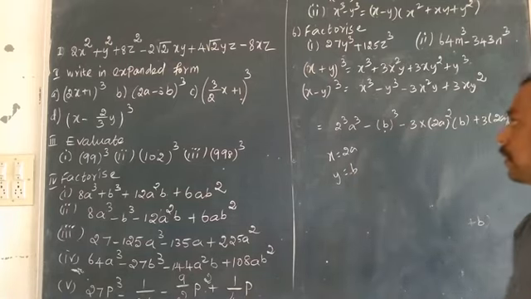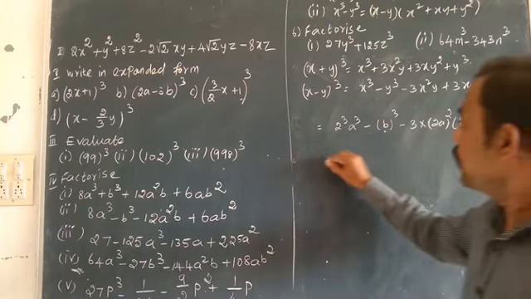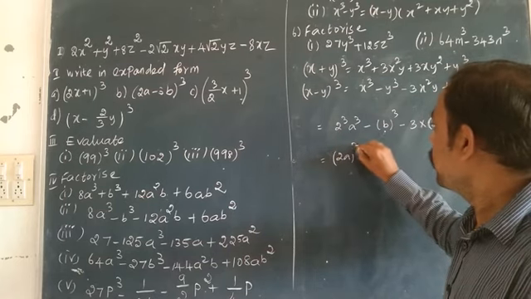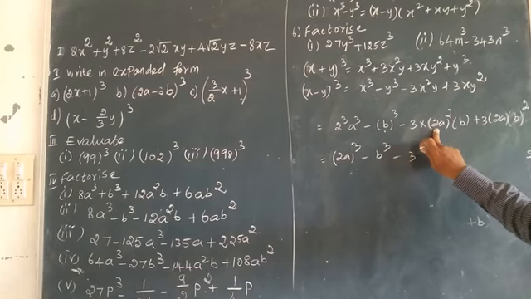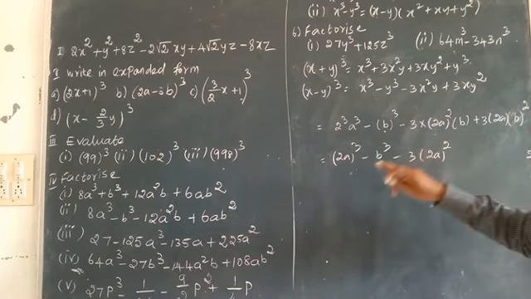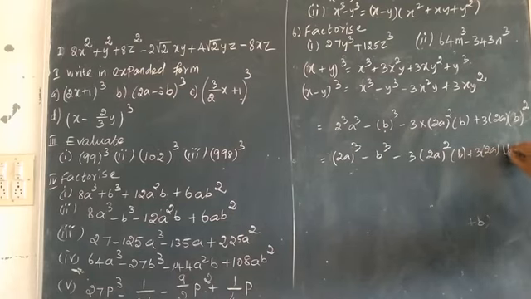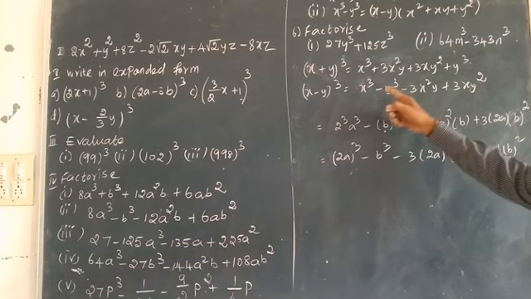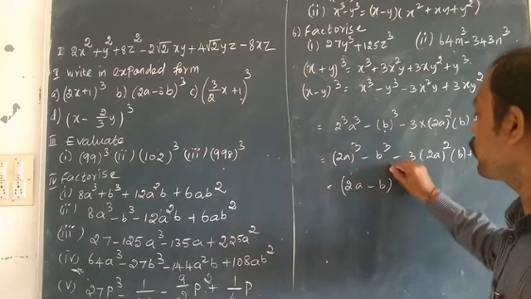Like that you can split. Now you can compare with your identity, that is (2a) the whole power 3 minus b power 3 minus, because of 2 squared 4, 3 fours are 12, it's given. So 3 into (2a) the whole square, a squared given, so I can use square, into b plus 3 into 2a into b square. So you can compare this, I can write this one as (2a minus b) the whole power 3.